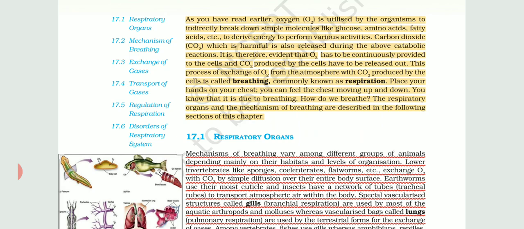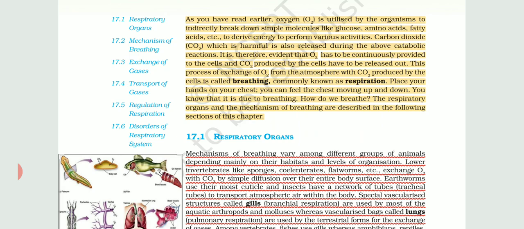That we have studied in the digestive system chapter, how various enzymes secreted by various kinds of glands in the alimentary canal give us very simple compounds at the end, such as glucose, amino acids, fatty acids, and glycerol. But these simple compounds are not easily absorbed by the body and they cannot directly give us energy.